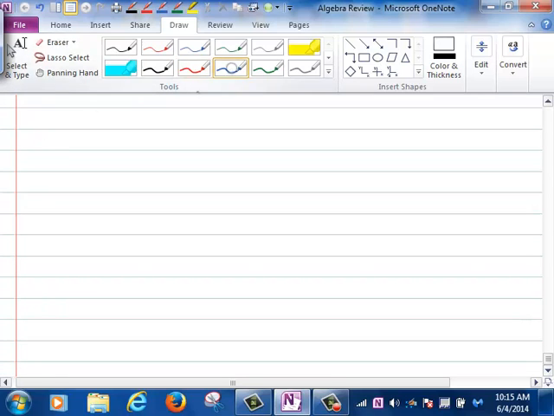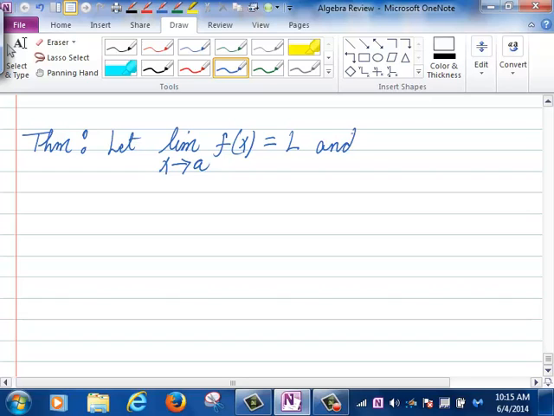Here's a fact. So let the limit as x going to a of f of x be equal to L, and let n be a positive integer.